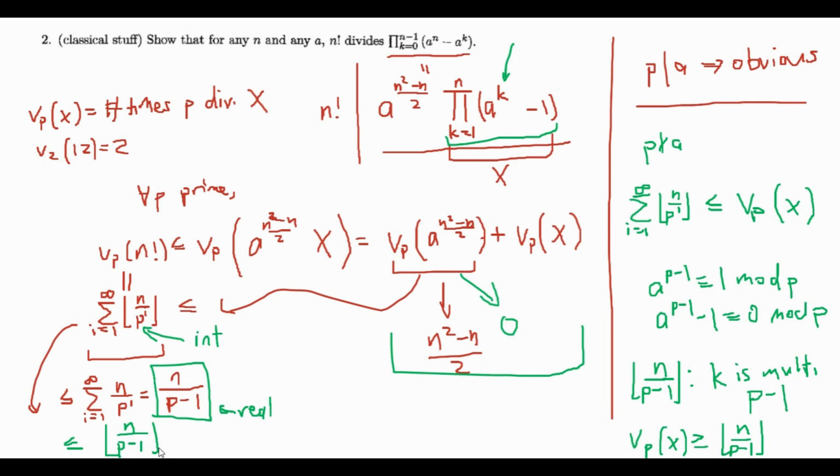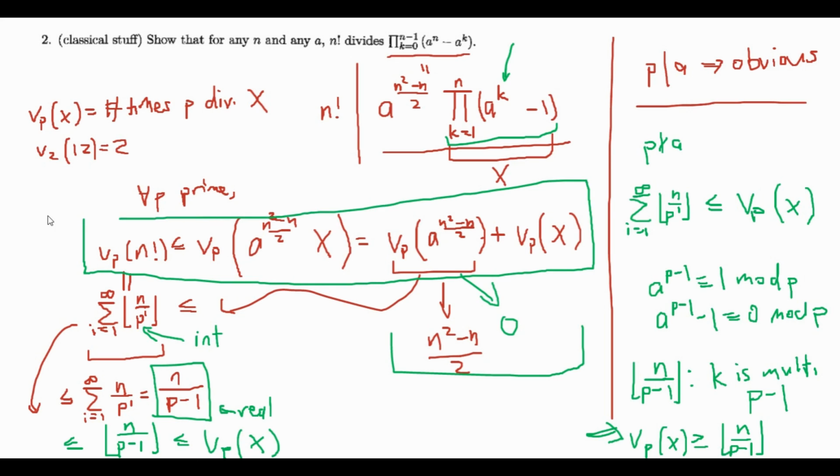So now we're done, because we see that vp of n factorial is less than or equal to the floor of n over p minus 1, which is less than or equal to vp of x, which we found right here. So therefore, we see that this original expression right here is correct.